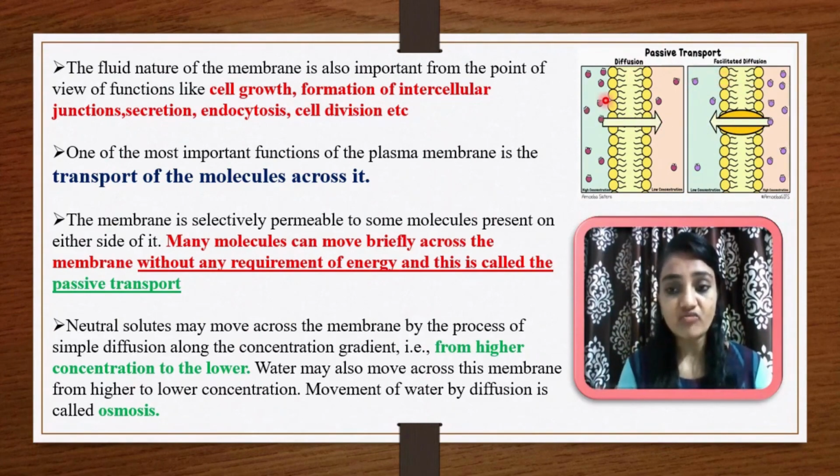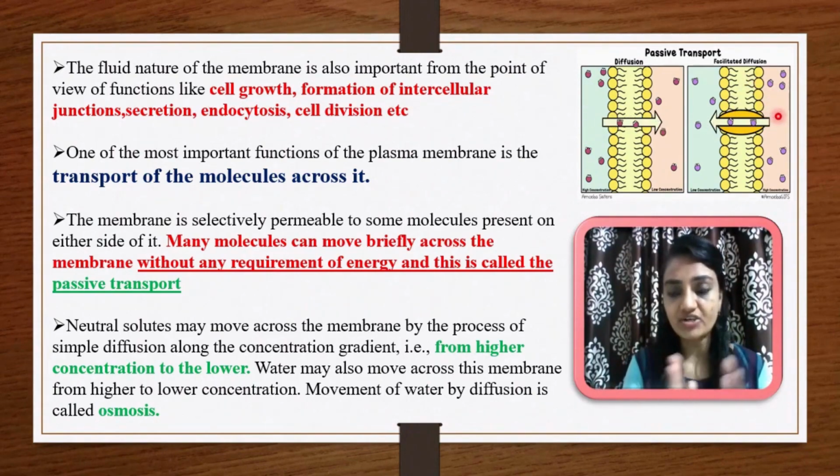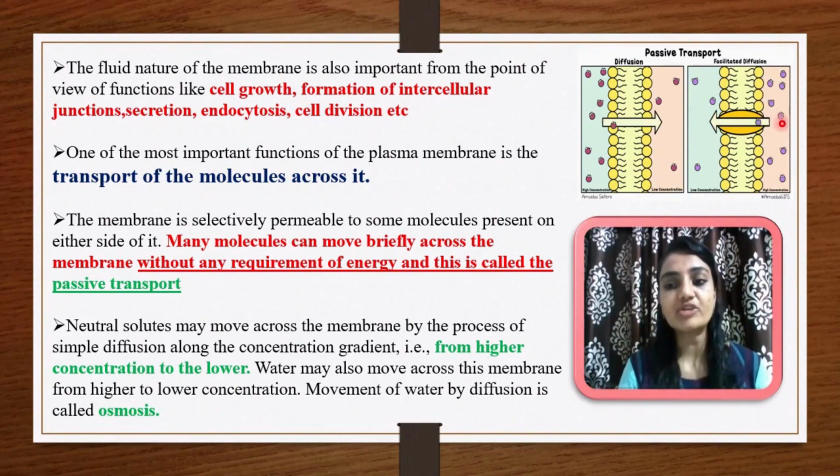So what is the difference between diffusion and facilitated diffusion? In simple diffusion, molecules are transported only from higher concentration to lower concentration, whereas in facilitated diffusion, molecules are transported from higher concentration to lower concentration with the help of a protein.